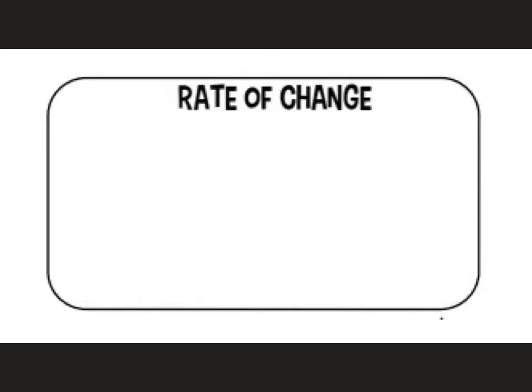So when we talk about a rate of change, we can also be talking about a unit rate. So rate of change can also be a unit rate. It's going to be one of those.